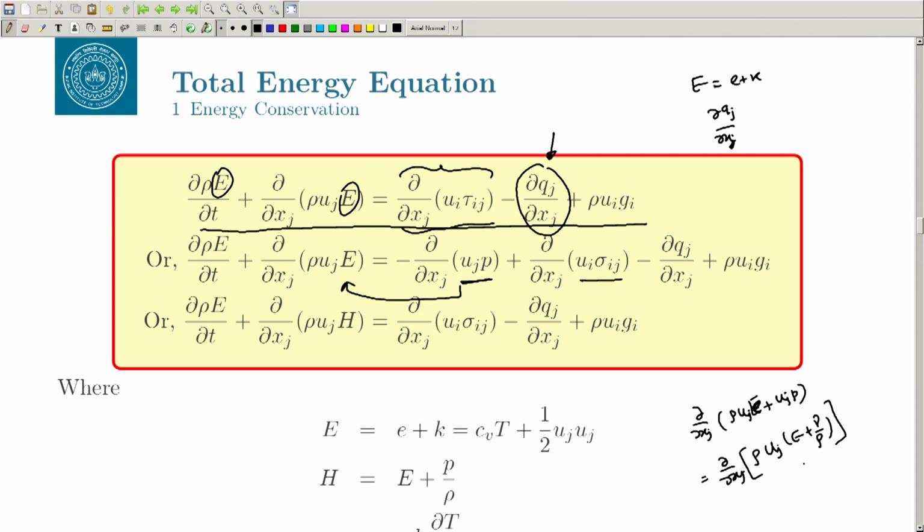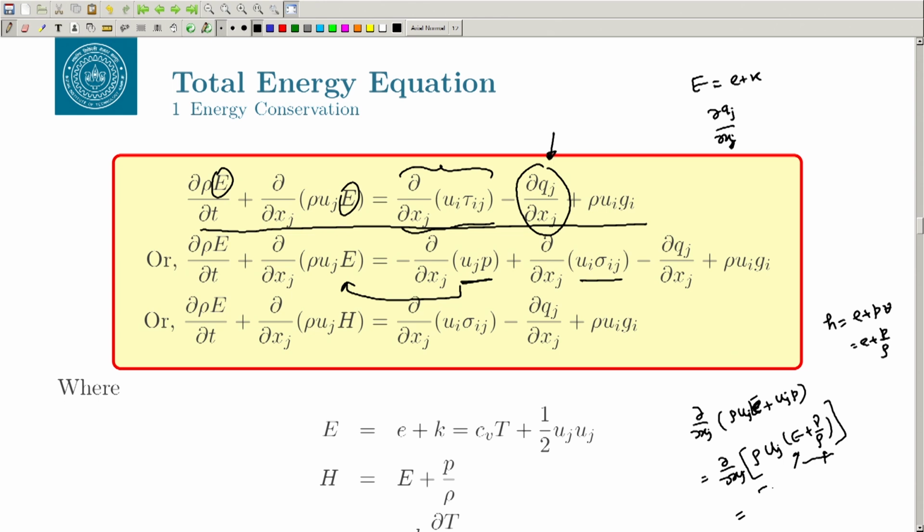If you look at this expression, this is your internal energy plus kinetic energy plus your pressure energy P by rho. So, you can write it in terms of enthalpy. Remember H equal to E plus P V, so that E plus P by rho.